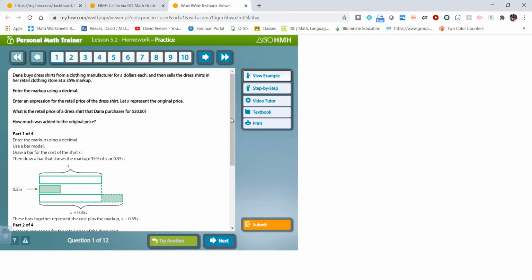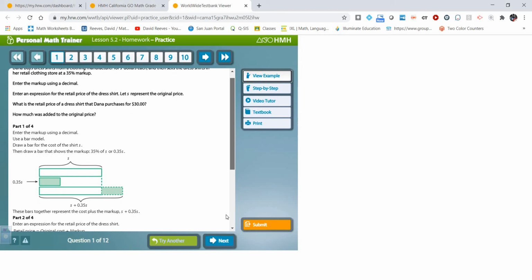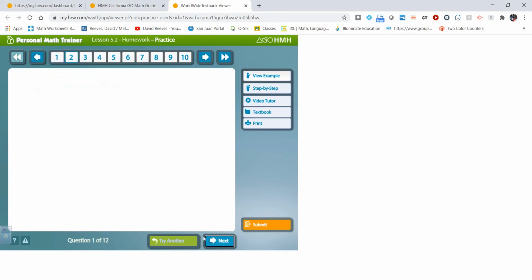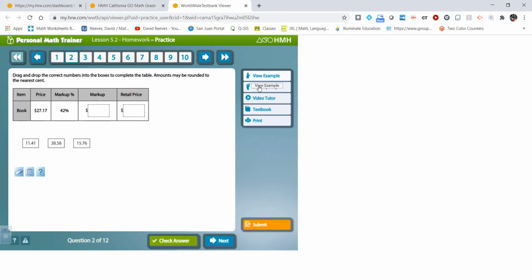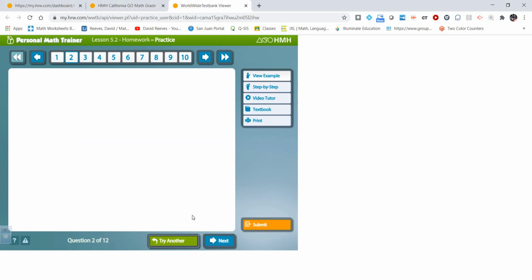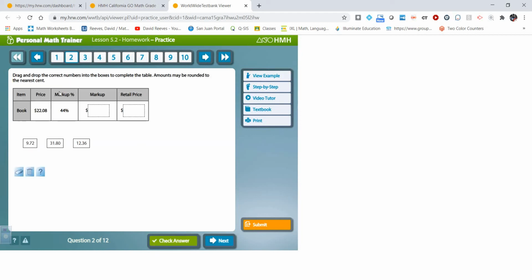Again, view by example shows you how to do that exact problem, and then you simply do try another. All right, hopefully it lets you do try another. Back to that one, try another. There we go. All right, okay? So viewing example if you're stuck, and then try another to help you get it correct.